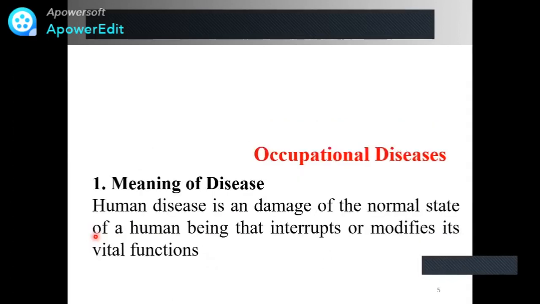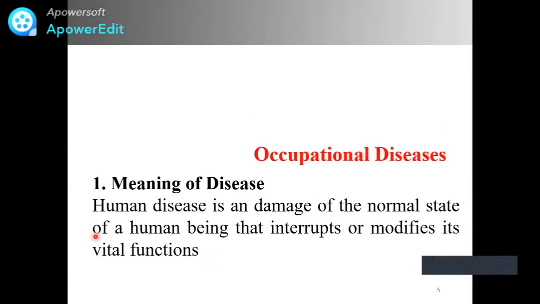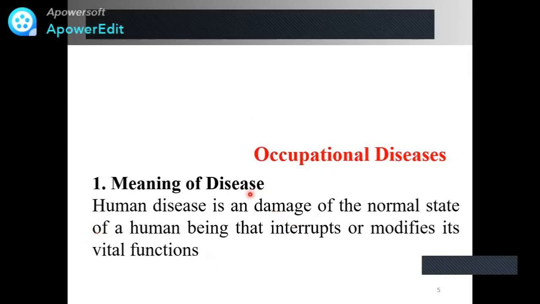Human disease is damage to the normal state of a human being that interrupts or modifies its vital functions. The damage mentioned here is not a positive thing. It is a negative thing, a negative effect on the normal state of a human being.